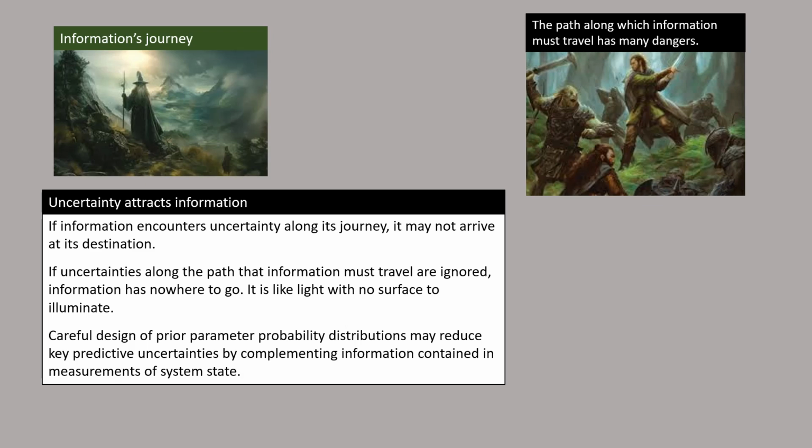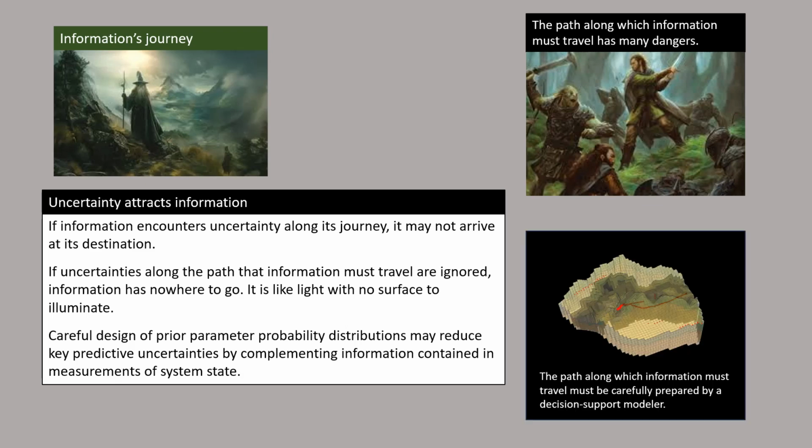Finally, careful design of prior parameter probability distributions may reduce key predictive uncertainties by complementing information contained in measurements of system state. It is clear that the path along which information must travel must be carefully prepared by a decision support modeler.